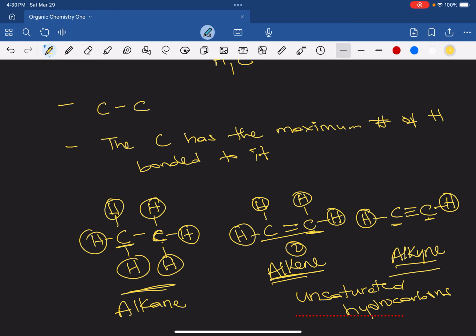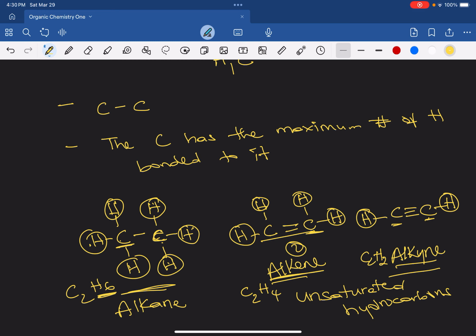We could look at this in terms of molecular formula if you wanted to look at it a second way. You have 2 carbons and 6 hydrogens. So that's C2H6. Molecular formula is just counting up the individual atoms here. C2H4, C2H2.